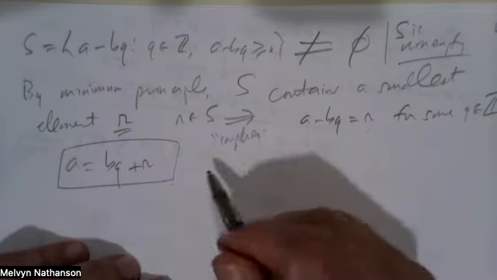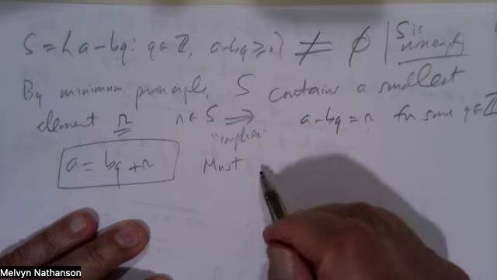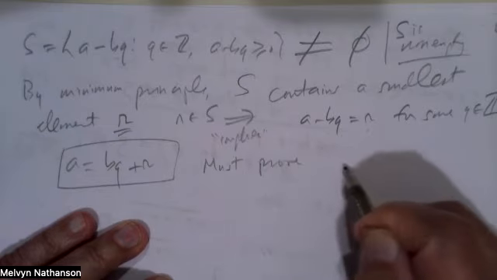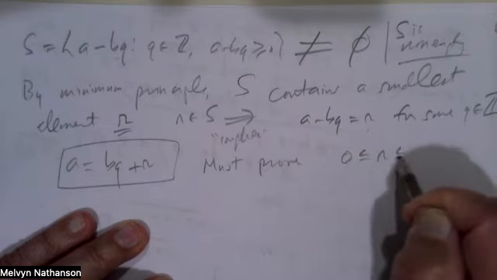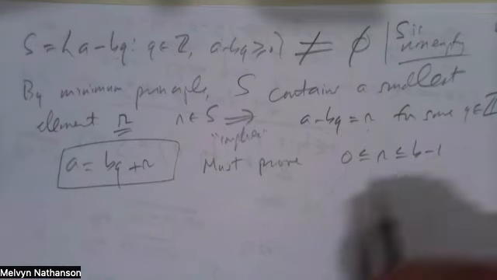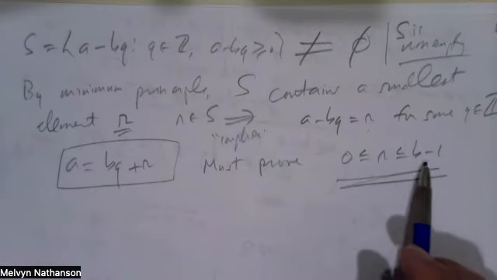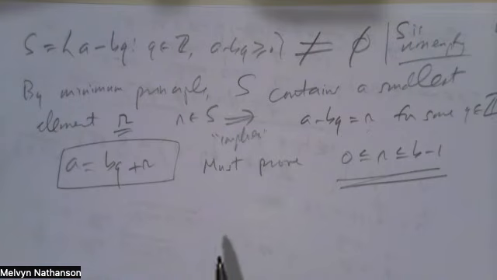But I have to show the second part of the division algorithm holds. I must prove that R is less than B. R is an integer between 0 and B minus 1. I still need to prove this. So we know R is non-negative. We just have to show that R is less than or equal to B minus 1.